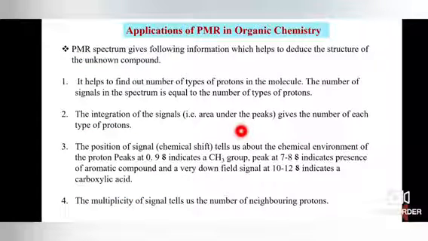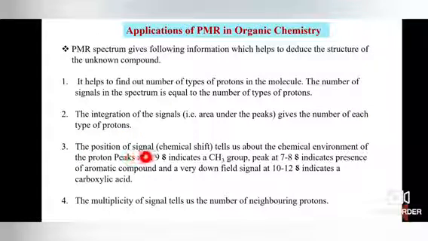Now the applications of PMR in organic chemistry. The PMR spectrum is very useful to find out the structure of an unknown compound. It helps to find out the number of types of protons in the molecule, as the number of NMR peaks is equal to the number of types of protons. The integration of the line, that is the area under the peak, gives us directly the number of each type of proton.